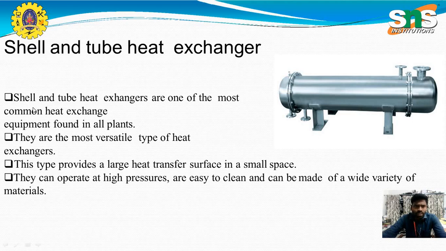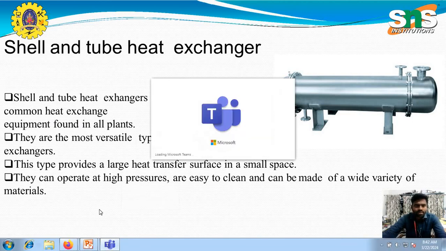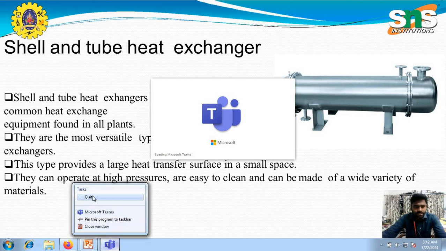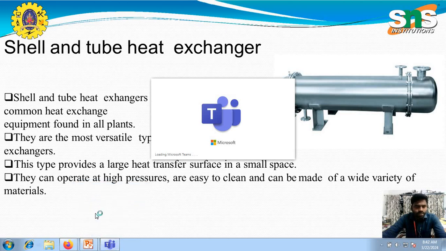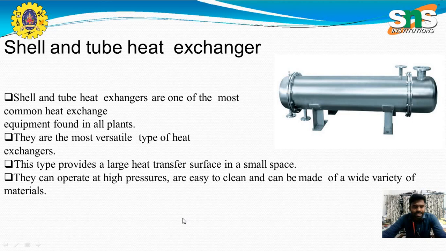The shell and tube heat exchangers are one of the most common heat exchange equipment found in all plants, and they are the most versatile type of heat exchanger. This type provides a larger heat transfer surface in a smaller space.